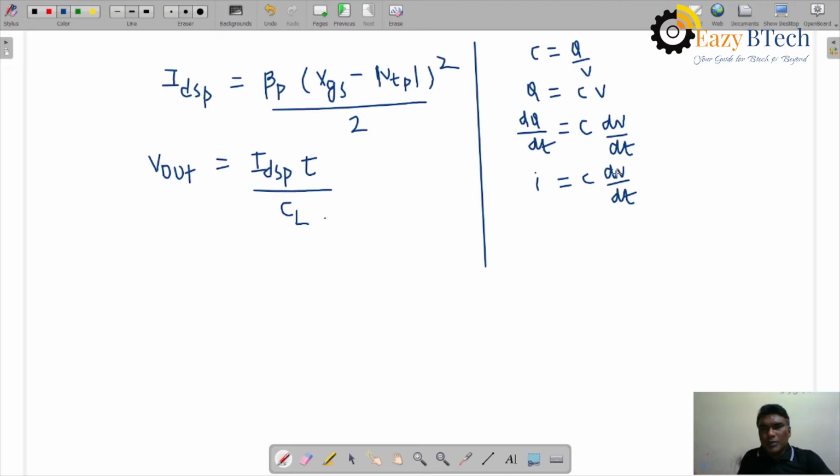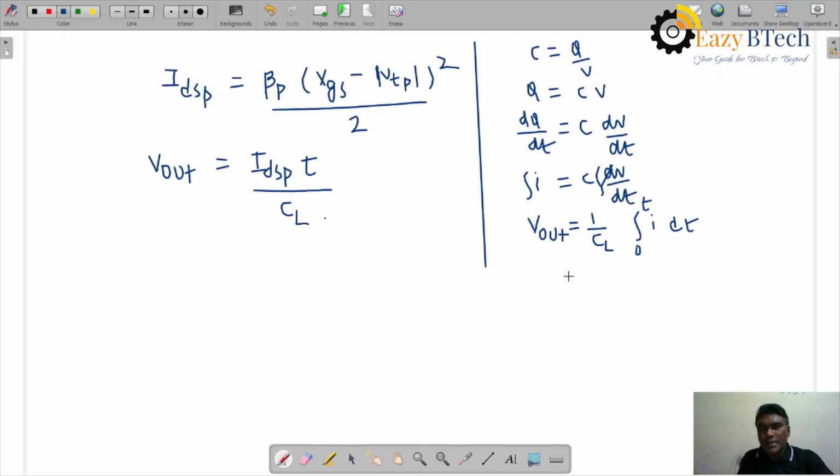If you take the integration on both sides, the integration and derivative will cancel out, so we get the output voltage V. From this capacitor, V out is equal to 1 by CL, integration from time 0 to T of I dt.